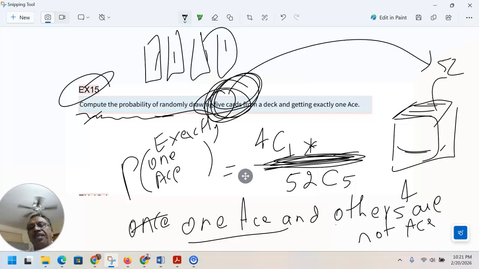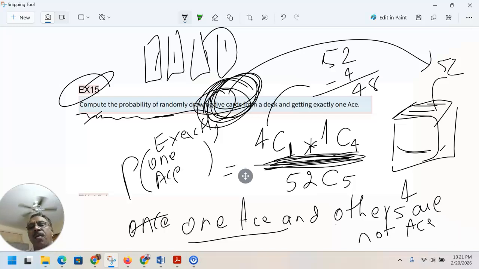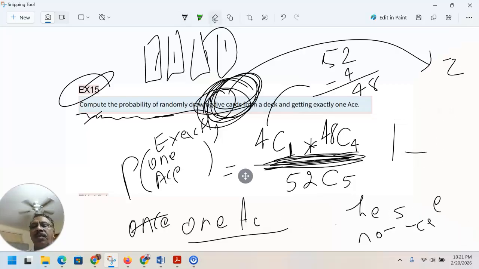But then the question is about the other four cards, because there have to be five cards, right? One card is already picked, so four cards are remaining. Because there are 52 cards and four of them are aces, the non-aces will be 52 minus 4, you get 48. So from 48, you pick 4.